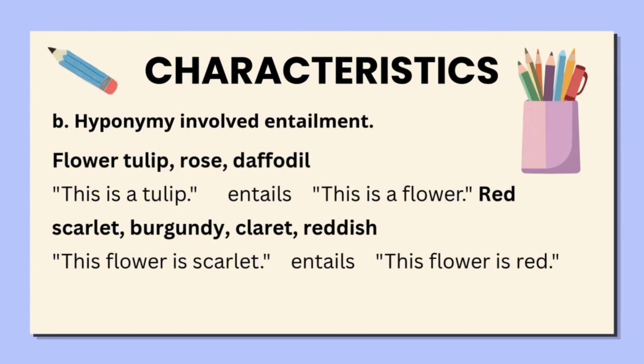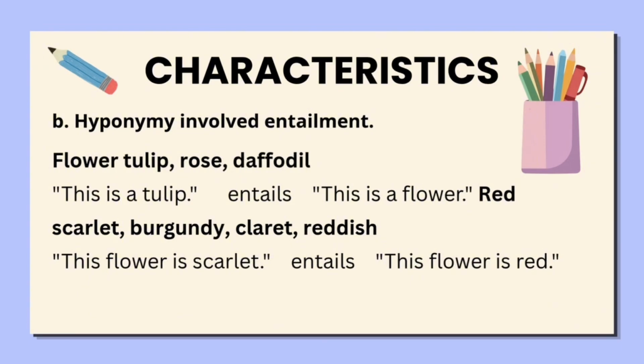Now, this slide continues to show the relationship between hyponymy and entailment. First, the slide gives us an example about flowers. The general word here is flower, while tulip, rose, and daffodil are more specific kinds of flower.